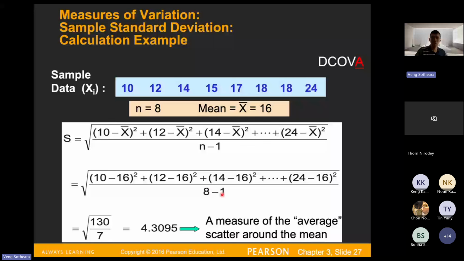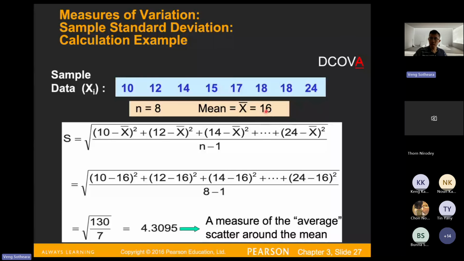After summing up and doing the averaging, we get 130/7, and taking the square root to get the standard deviation s, you get 4.3 something. So this is called the standard deviation, and it is like the average deviation of those people away from 16.